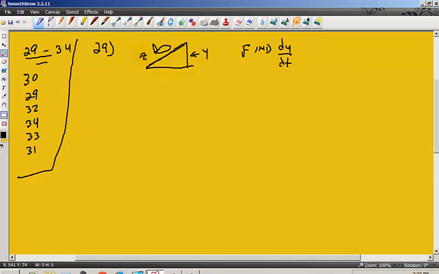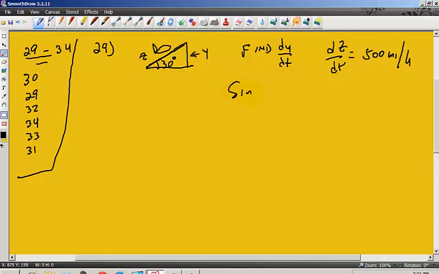We'll call that z. So dz/dt is equal to 500 miles per hour, and this is 30 degrees. What trig function deals with that angle, an opposite side, and a hypotenuse? Sine.